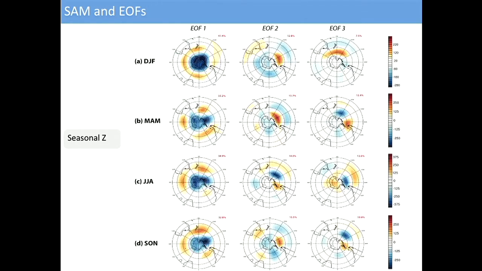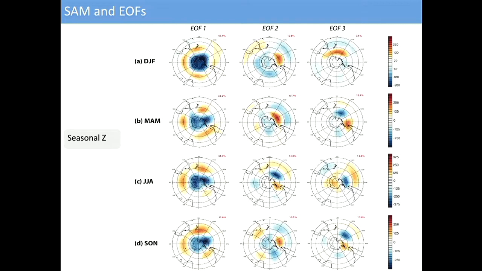Okay, so this is the EOF. Ghislaine Bochat, a postdoc at Monash, gave me this, and she's been looking at the SAM and trying to have an objective view of how we think about the Southern Annular Mode. These are the EOFs for each season, EOFs 1, 2, and 3, and you can see that it differs between the seasons.